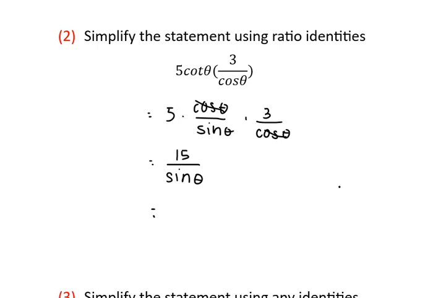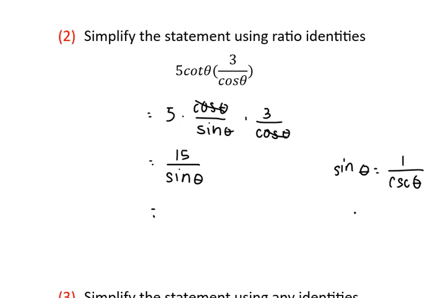From the previous video we had the reciprocal identity: sine theta is equal to 1 over cosecant theta.